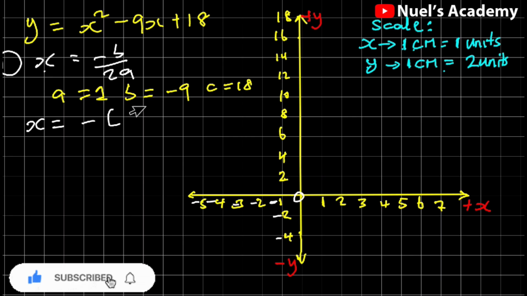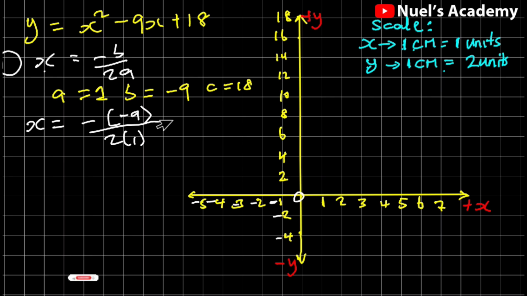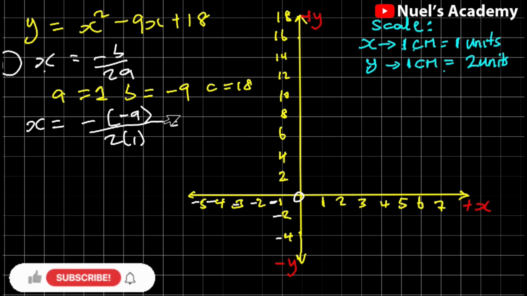So to find the x-coordinate of the vertex, we have that x is equal to negative b, our b is negative 9, over 2a, where our a is 1. So the x-coordinate of the vertex is equal to negative times negative is positive 9 over 2, which is equal to 4.5. So this is the x-coordinate of our vertex.